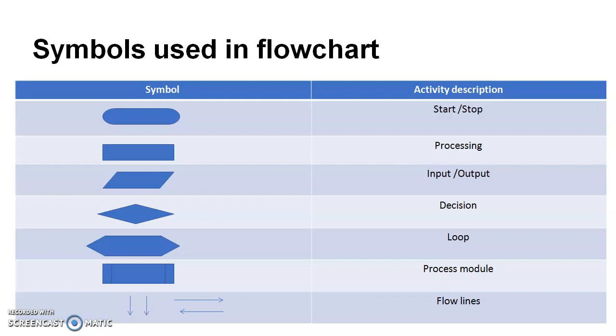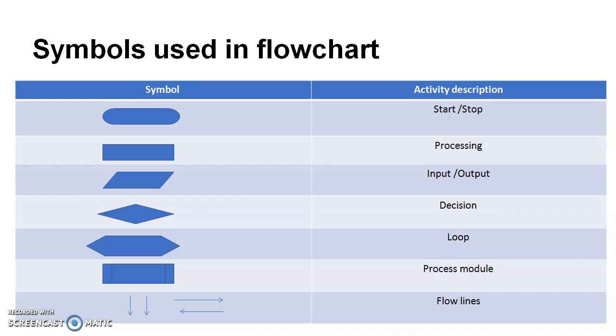Depending on whether the condition is true or false, the decision symbol will have alternative flows. If the condition is true, you follow the yes path, or if the condition is false, you follow the no path. So accordingly, the decision box will have a minimum of 2 outputs.